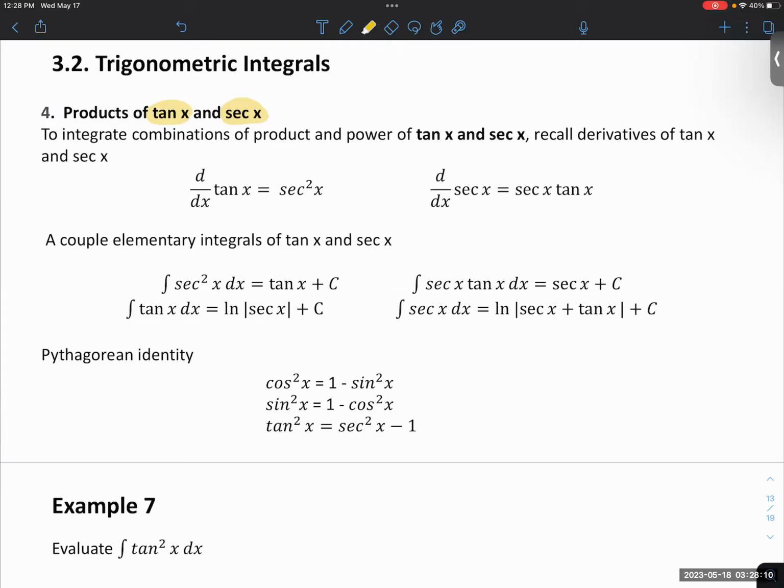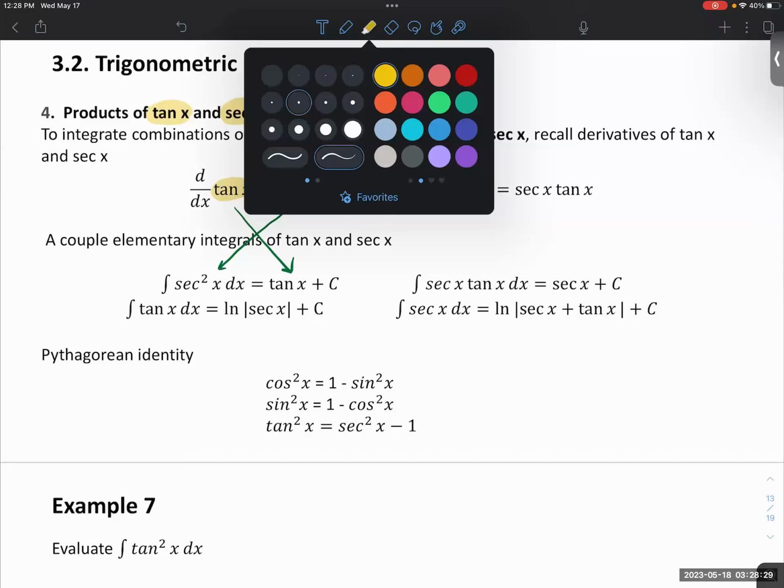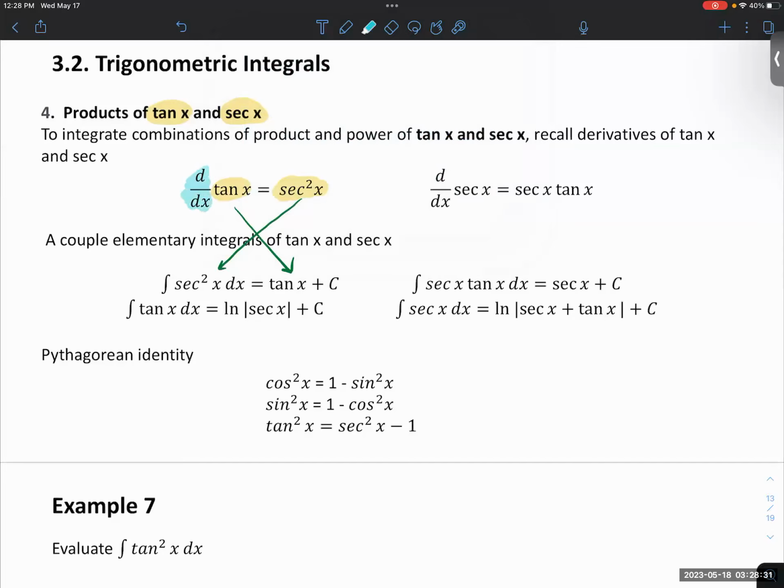Step one, we already know the derivative of tangent is secant squared x. We proved that in chapter 1 of Calculus 1, or you can find it from the table. In other words, if you take the antiderivative of secant squared x, you will go back to tangent x. So this is the derivative and this is the integral.